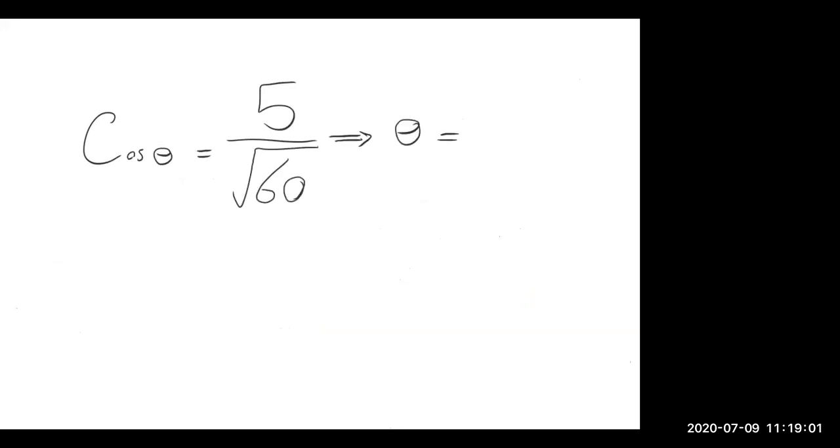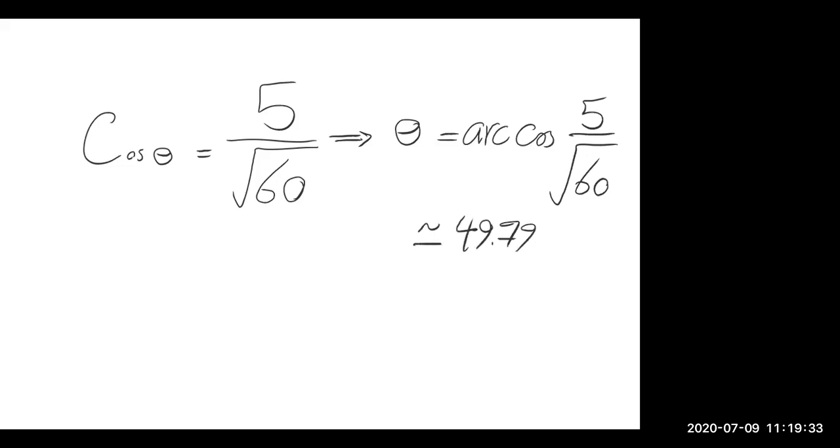Theta would be arc cosine of 5 over the square root of 60. That's what we have. Now let's use our calculator to see what is 5 over the square root of 60. Theta is 49.79, etc.